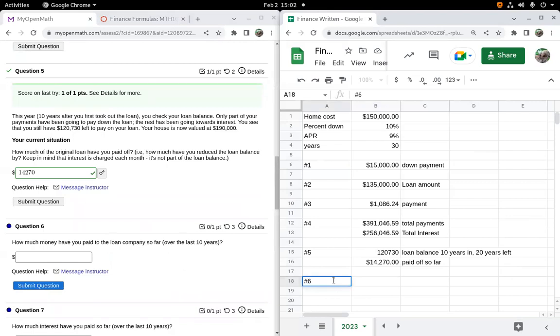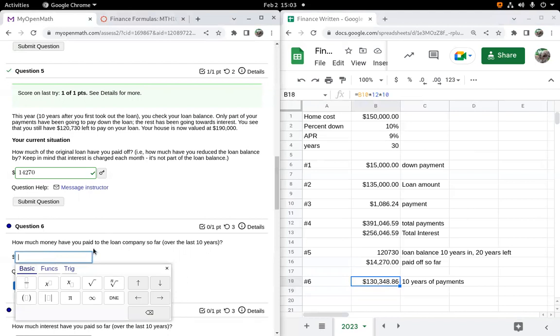So number 6 here, we want to do 10 years of payments. That would just be our payment here times 12 months each year times 10 long years. Oh, I was not too far off, 130,000 compared to 100,000. So that's what I've paid the bank so far.